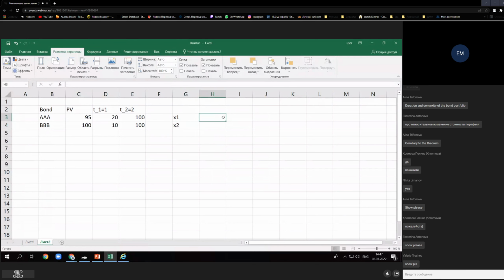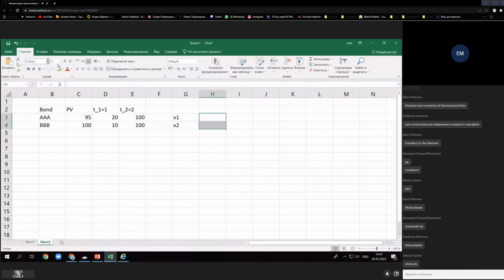So this will be the total number of bonds I'm going to buy. My target function will be equal to the quantity of bond number one times the current price of bond number one plus the quantity of the bond of the second type times its price. It will be my target function and it must go to a minimum.